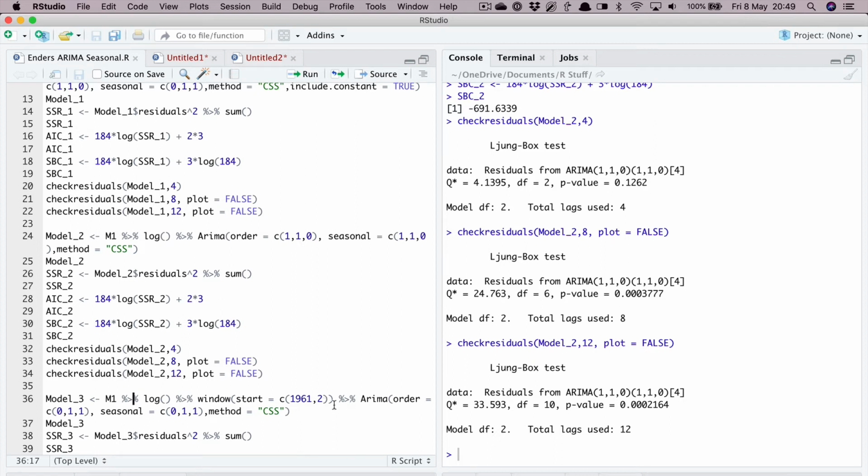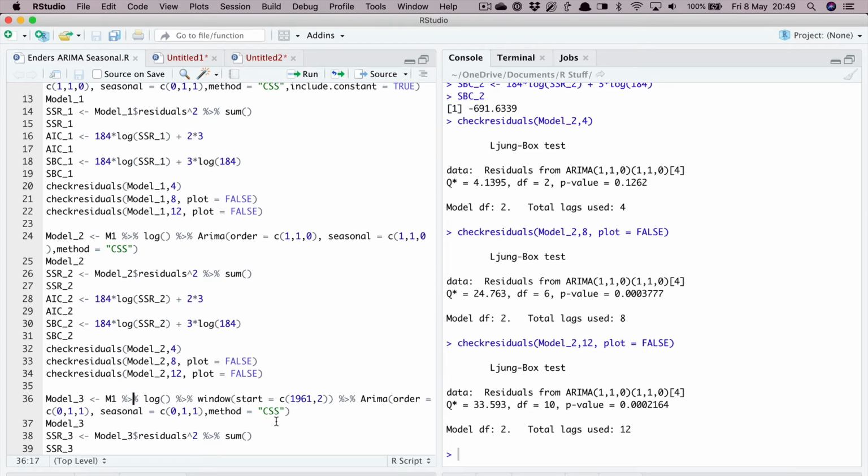And this is a model, as you can see, 011, 011. So there's no autoregressive elements here. They're both moving average, one at lag 1, a normal one, and one at lag 4 here, a seasonal one.